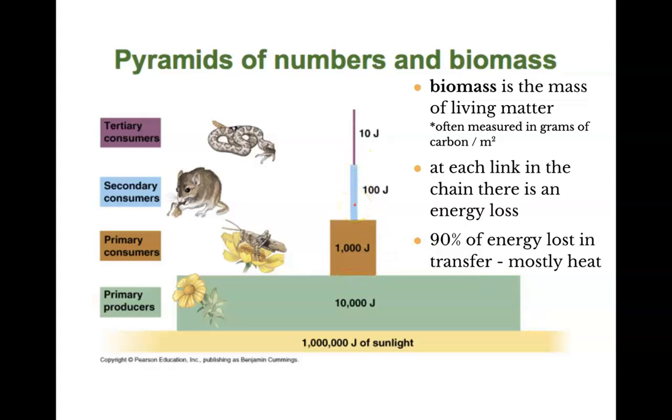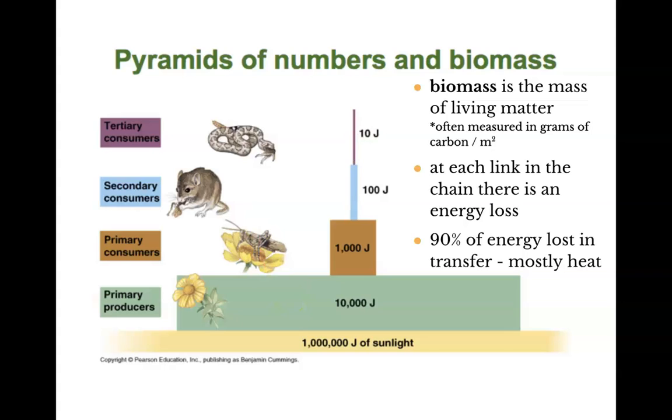So I can actually see that even though tertiary consumers are much larger than producers if I look at the individual organism, if I actually get the biomass of all the tertiary consumers, they don't hold a candle to all the biomass of the producers in that ecosystem.